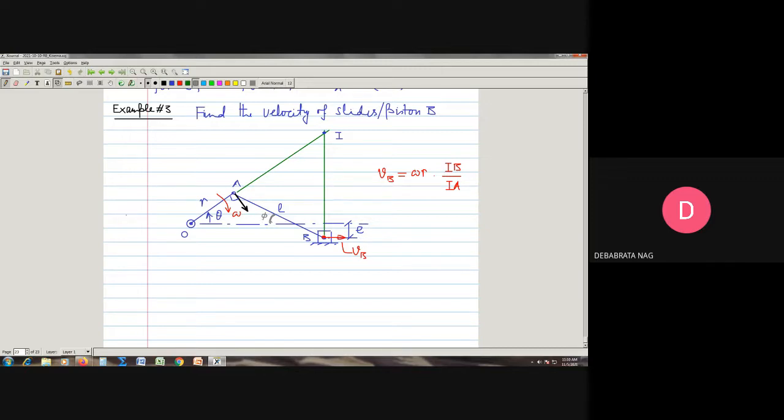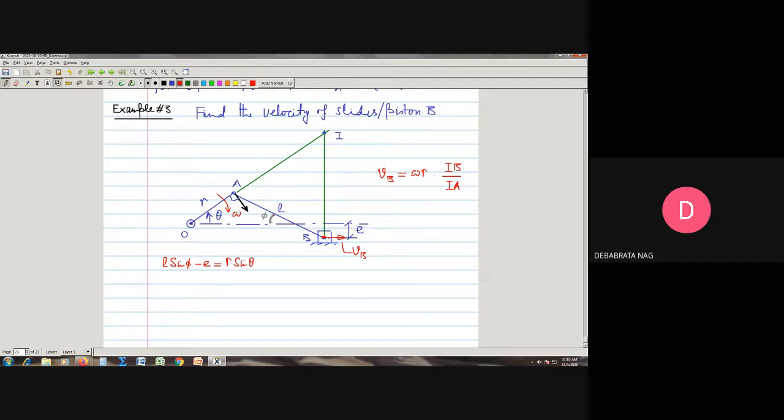How can we calculate it? It is pretty simple from this geometry. We can write L sine phi minus this distance E should be equal to R sine theta.